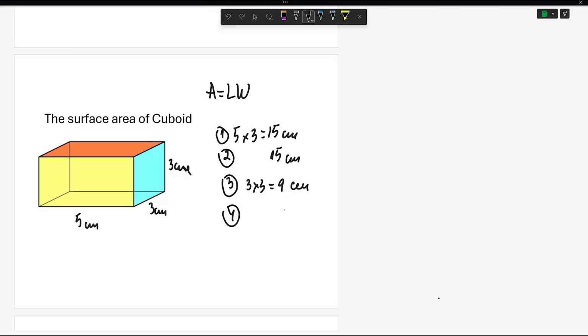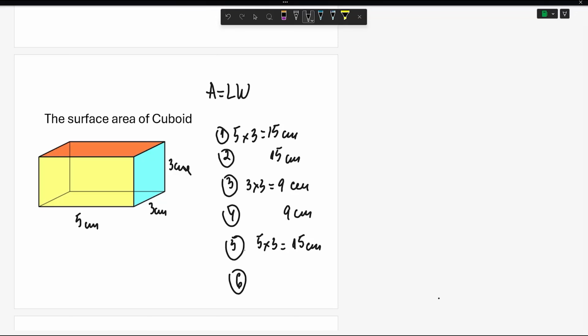Then we need to find side 5. For instance, this is our top. So again I have a 5 and 3 here. So 5 times 3, which is again 15. And side 6 is on the bottom, that one here. I have again 5 and 3. So it's again 15.